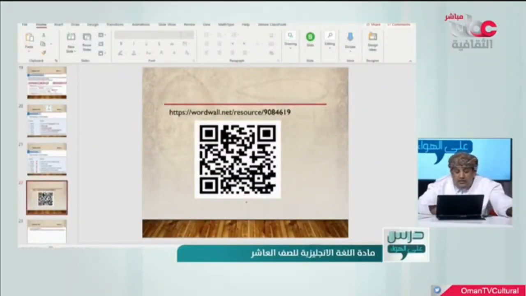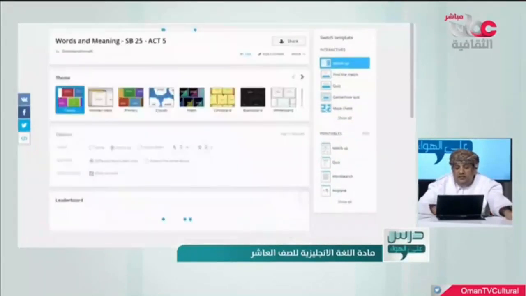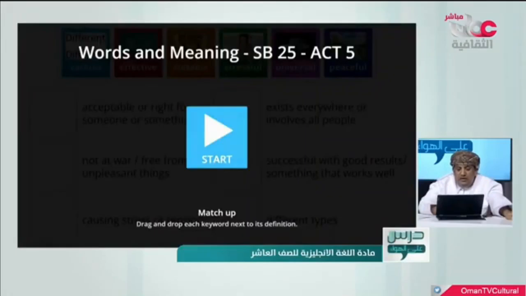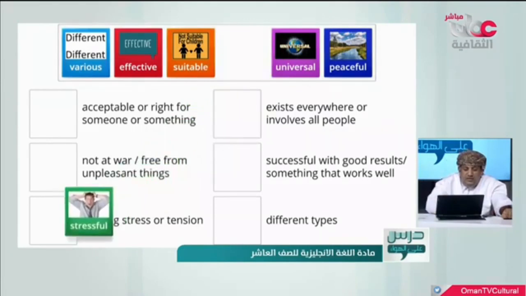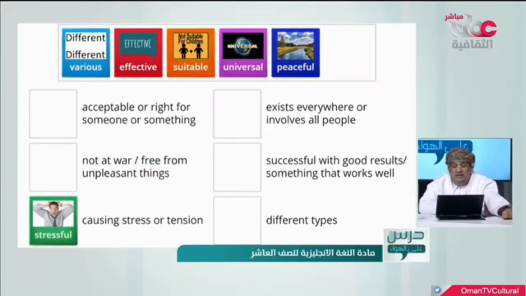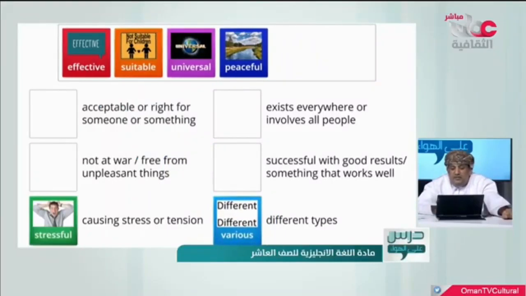Okay, now let's go to the final one, words and meanings. Now, I want you to choose the correct adjective with its meaning. For example, you know the word stressful means causing stress, and you know this one means different.